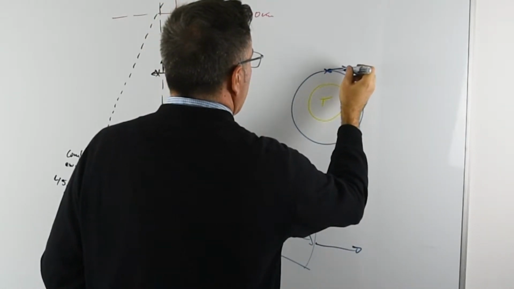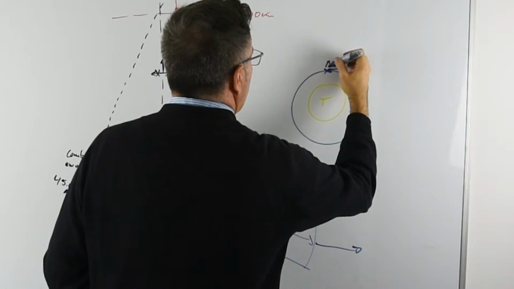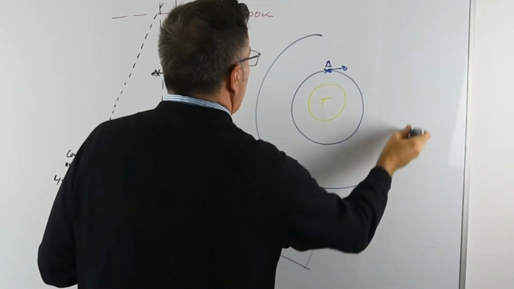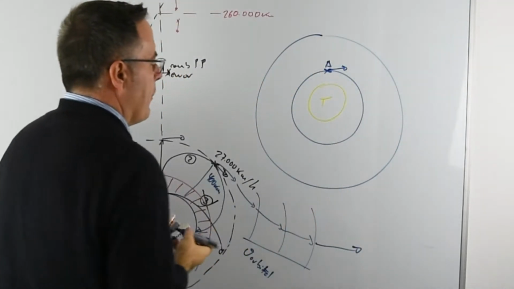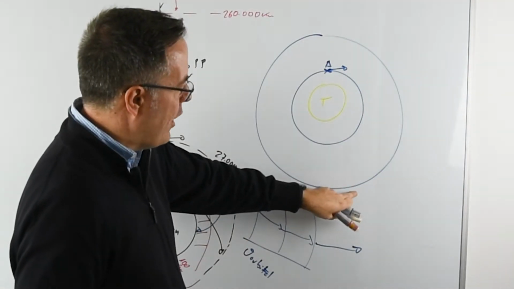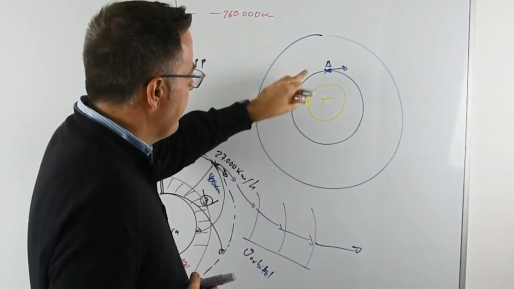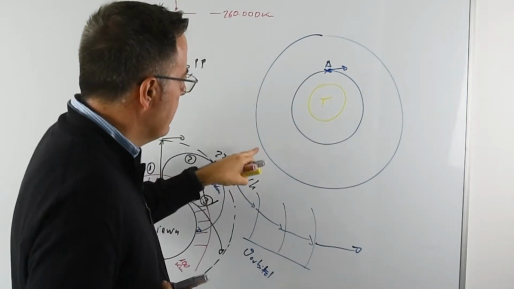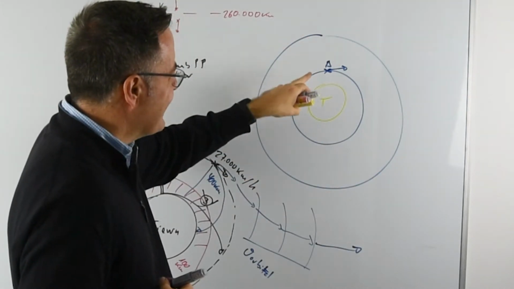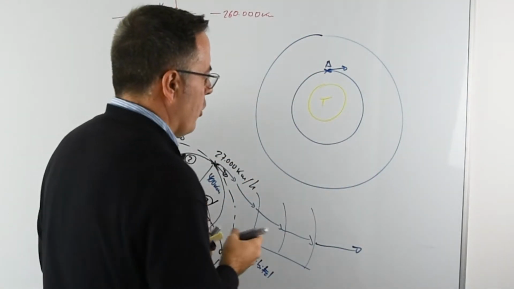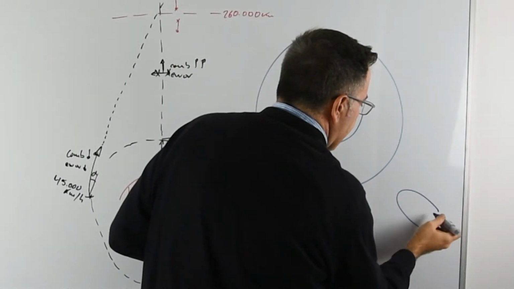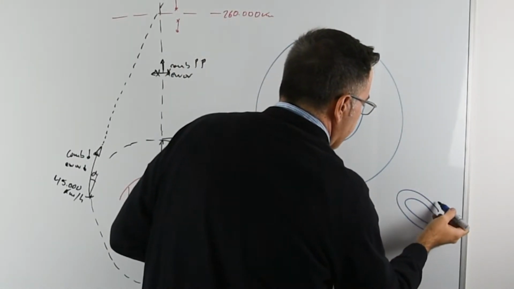So how can we move between two circular orbits that are coplanar? Let's say that both orbits are contained in the same plane.